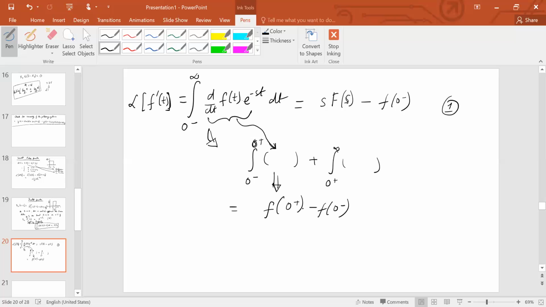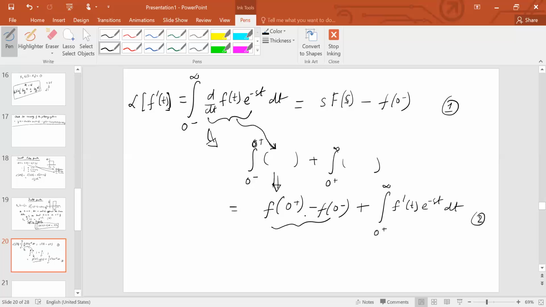Why so? Because within the neighborhood of 0, notice carefully that e to the power minus st is basically unity. So it's basically the integration of f dashed, that is the derivative of f with respect to time. Therefore, this is what it turns out to be, plus the remainder, the integral to infinity of f dashed t e to the power minus st dt.